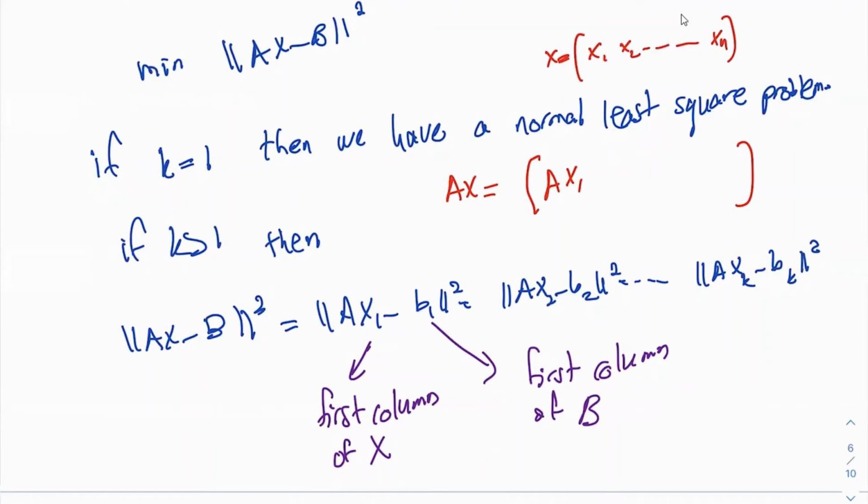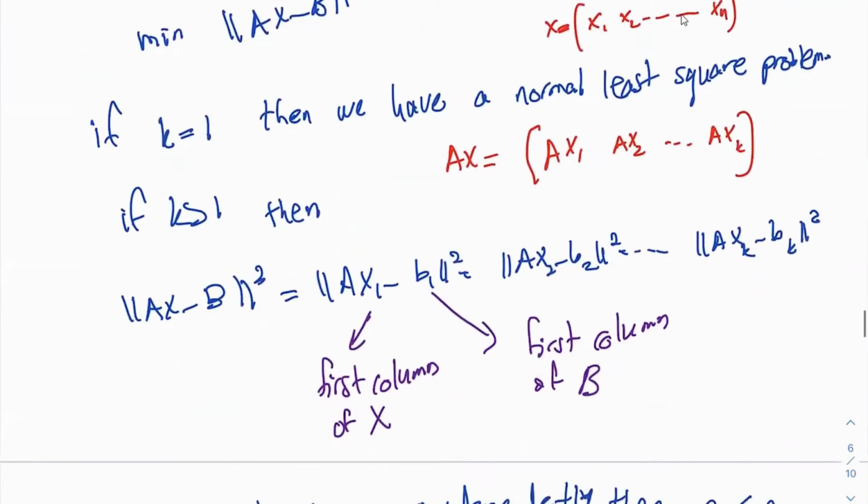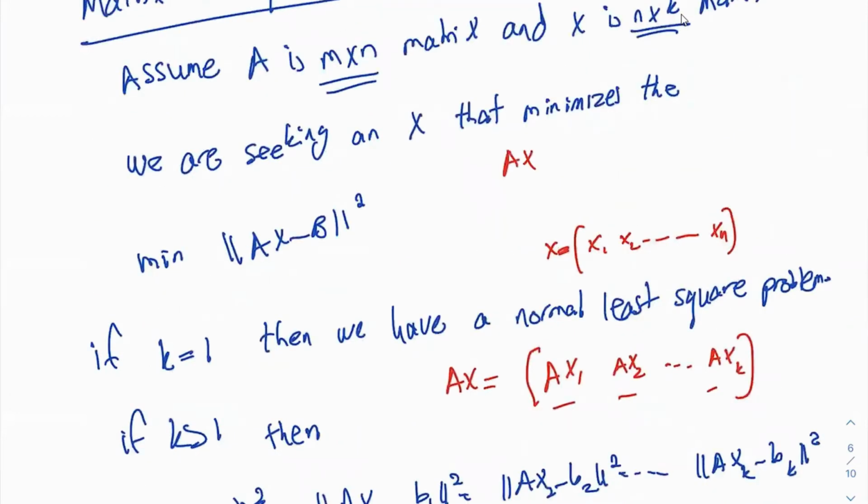So Ax1 is going to be the first column of AX, Ax2, all the way to Axk. X is n by k, right? This is the first column of AX, second column, and all the way to the kth column, because AX is going to be n by k, so k columns.